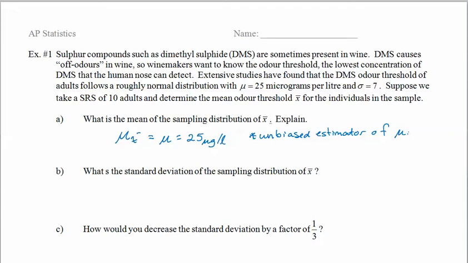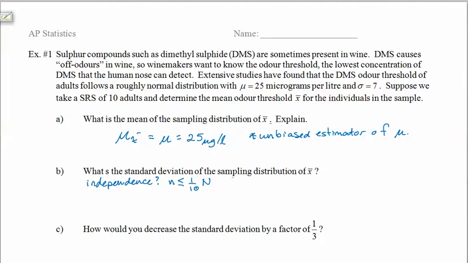So B, what is the standard deviation of the sampling distribution? Well, before we can actually go and calculate this, we do still need to check for independence. So make sure when you're answering questions that you are doing this check. n must be less than or equal to 1/10 of the population size.